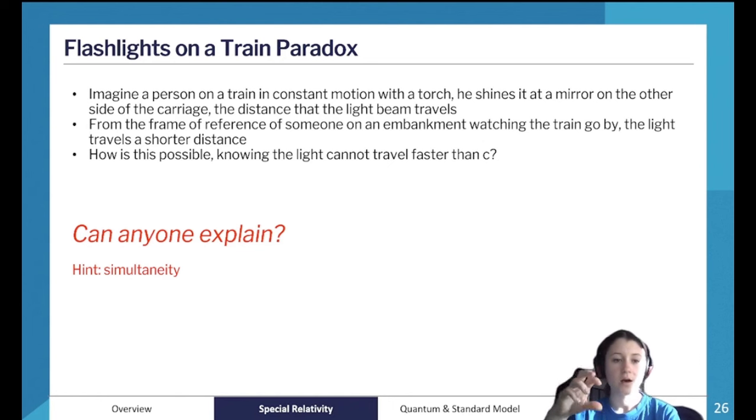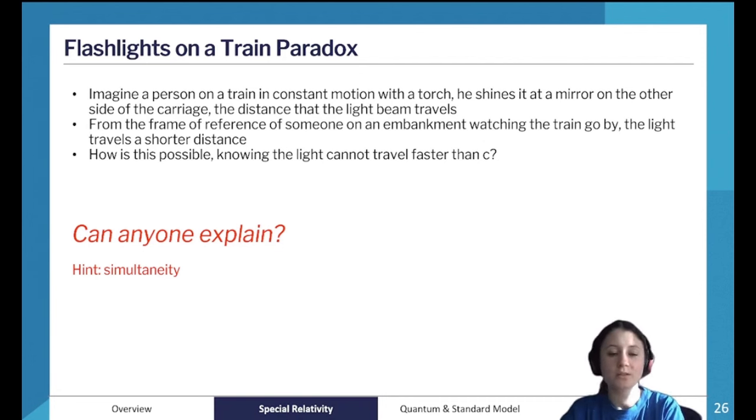Now, there are a few different variations on this paradox. So, before I get to the solution, I might just quickly explain one other variation that I think is a little bit more common than this one. So if you are a little bit confused with this one, then don't worry.